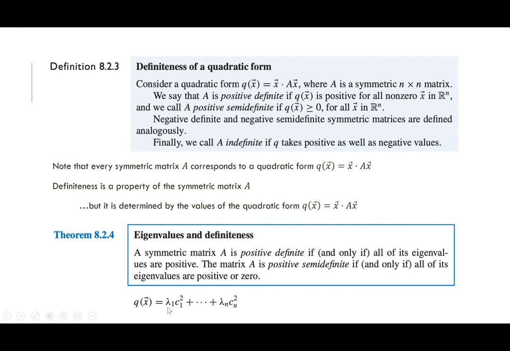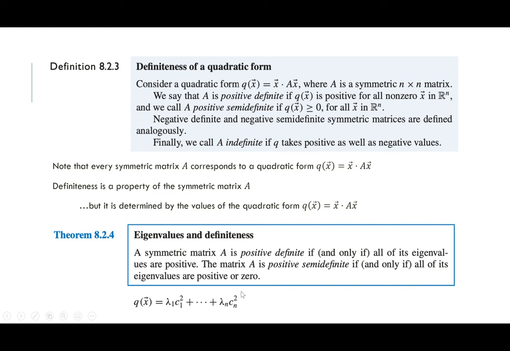So if all of the eigenvalues are positive, then all the terms are going to be non-negative. And so if x is non-zero, one of these coordinates is going to be non-zero, and so your quadratic form is going to be positive definite if all the eigenvalues are positive.